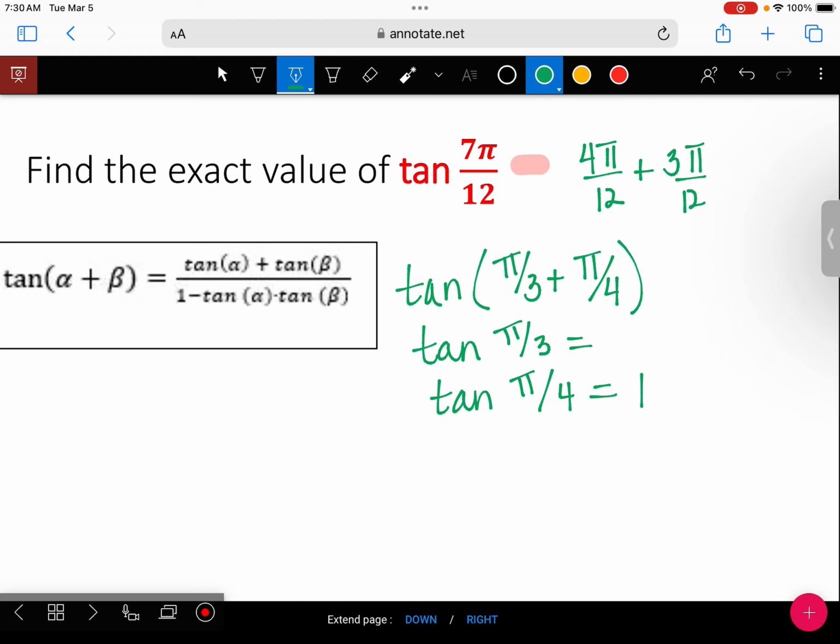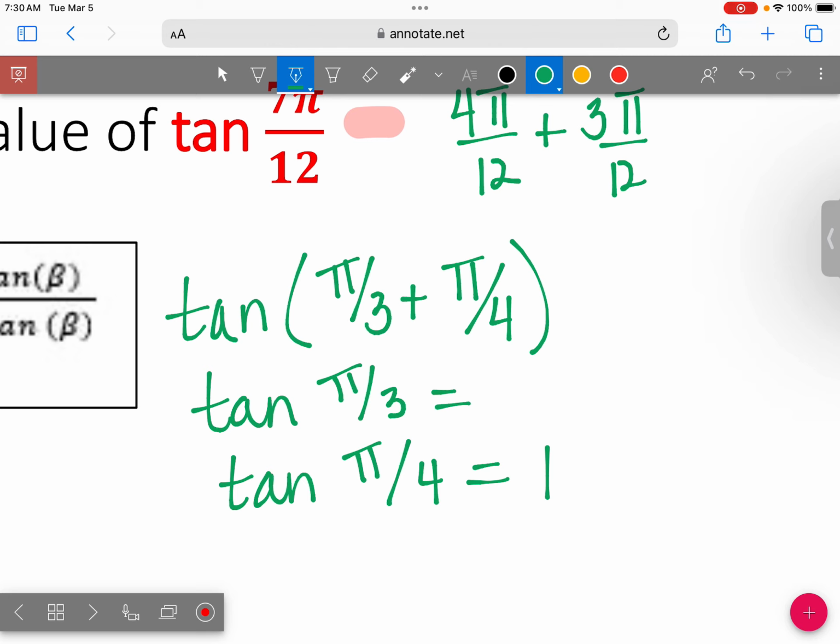If you're not sure what it is, then just go the long way. Take the sine of pi over 3 and divide that by the cosine of pi over 3. Because I know the shortcut, but if you don't know it at this point, I would rather you go the long way to get the tangent than to do the shortcut. So I'll give you a minute to figure out what that is.